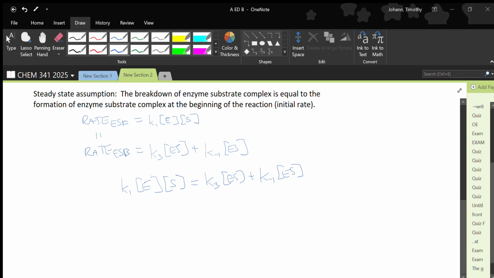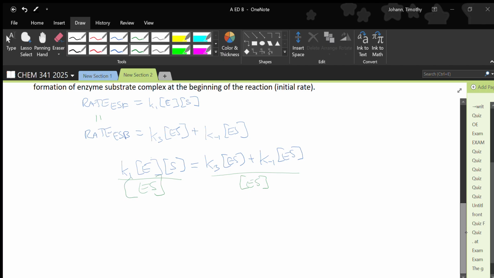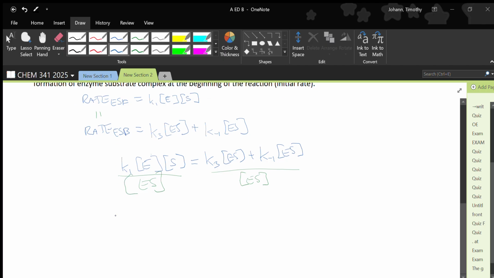All right, so now we're going to start doing some algebra on this thing. You can imagine that what we've got here is I can divide both sides of this by enzyme substrate complex. And then what I'll get is K1 times enzyme times substrate, K3 enzyme, hold on.